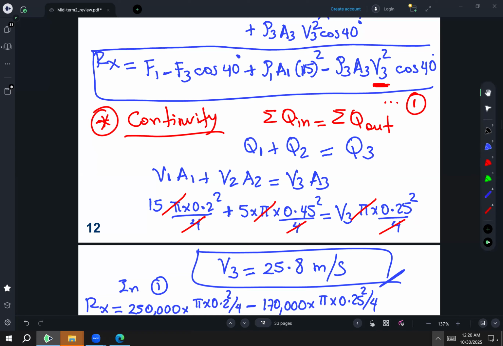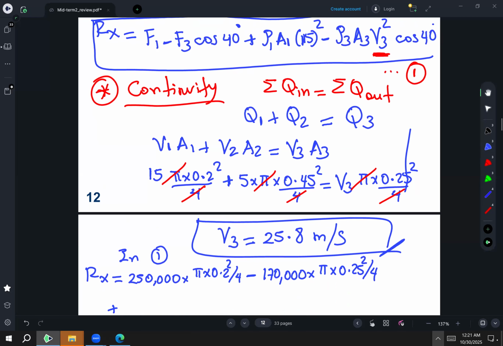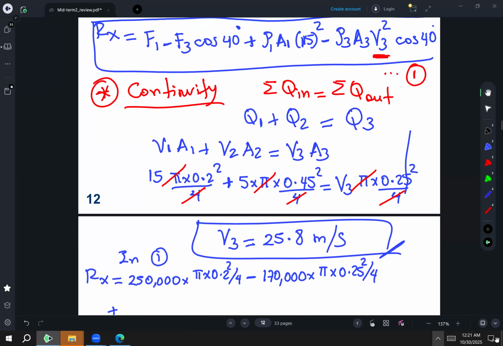Then I have plus density 1, which is equal to 1000 times area 1, and area 1 is equal to pi times 0.2 squared divided by 4 times 15 squared, minus density 3 is 1000.